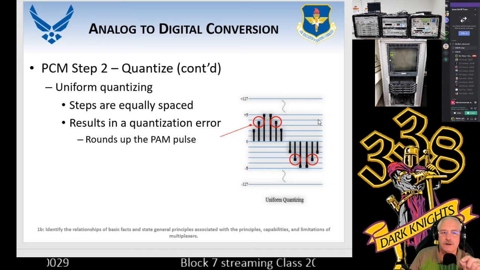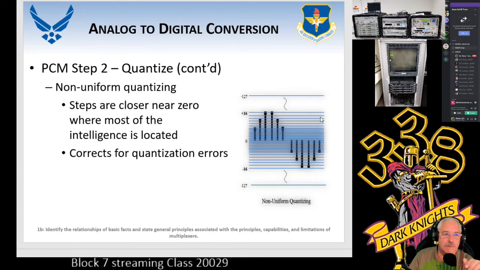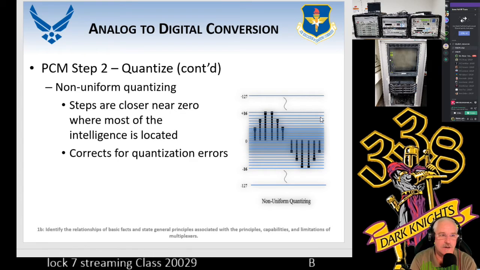So this is now called a quantization error when we have to round. The quantization errors happen in uniform quantizing, and that's that equal space. Well, what they did come up with to help out with most of the quantization errors is non-uniform.